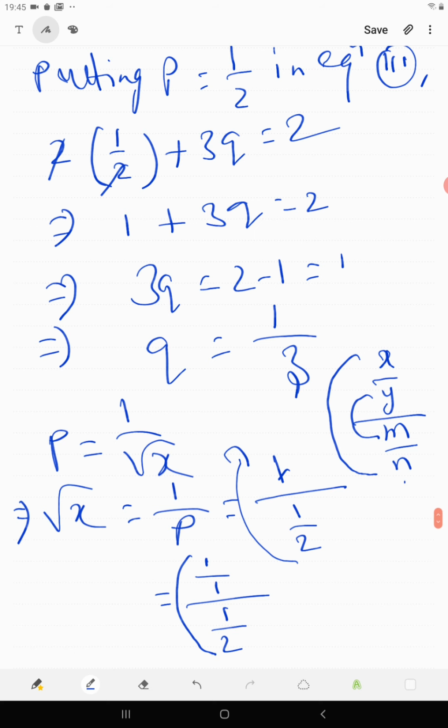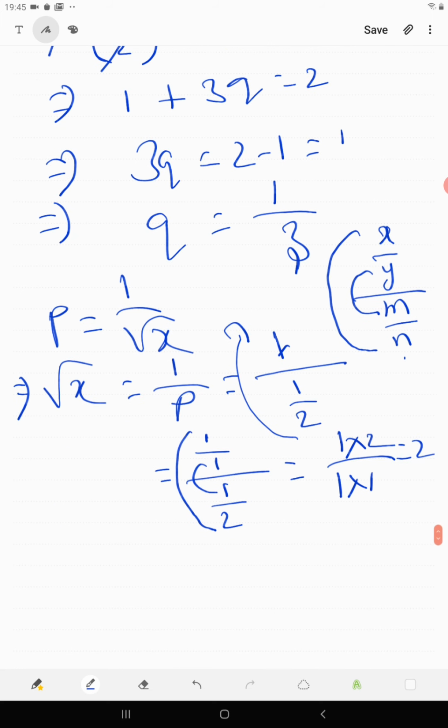So this and this will be multiplied and this will be multiplied. So it will be 1 into 2 divided by 1 into 1. So it will be 2. You can directly write 2 also if you know, but this is the method you should remember. So x by y divided by m by n is like x into n divided by y into m. Okay. So this is very important. So finally it reduced to 2.